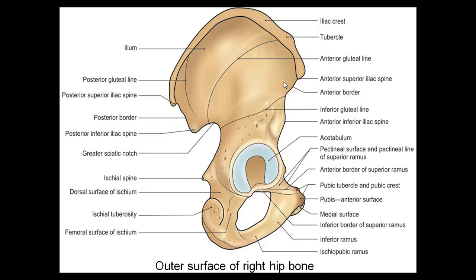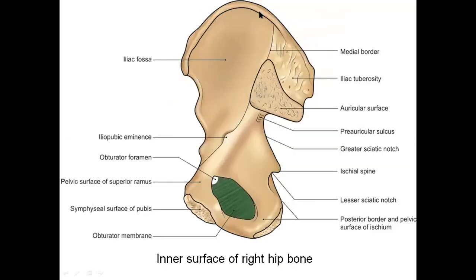Now if you observe this bone, talking about the ilium alone, it has three borders and three surfaces. The one extending from the anterior superior iliac spine to the anterior inferior iliac spine, you call the anterior border, and the one extending from the posterior superior iliac spine to the posterior inferior iliac spine, we call the posterior border. This is the outer surface, but if you observe the inner surface, there is one more border called the medial border.